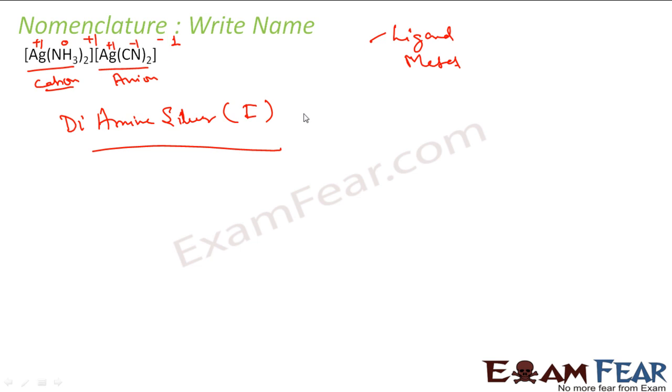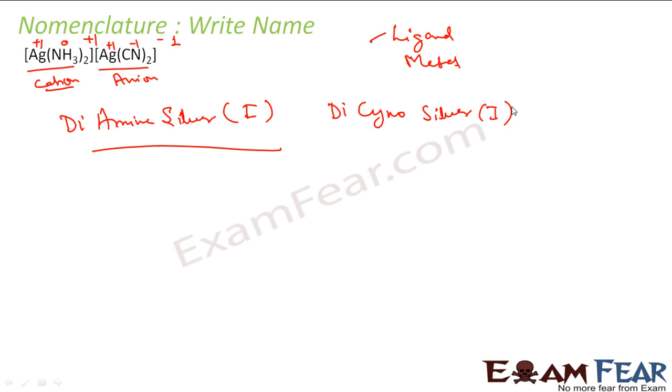Now I'll start with the right part. The right part also has a complex. So we have this CN minus, that is cyano. How many CN minus? 2. Dicyano. I'm done with the ligand again. Next is the metal. The metal is silver. The oxidation state of the metal is plus 1. That's all.